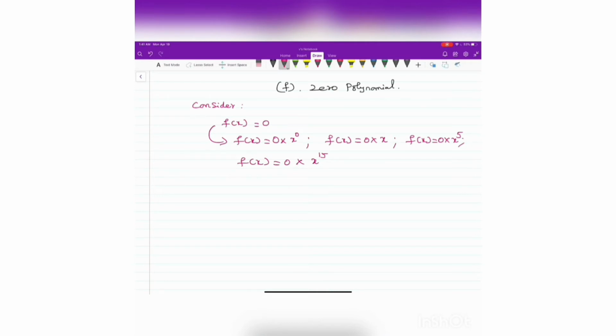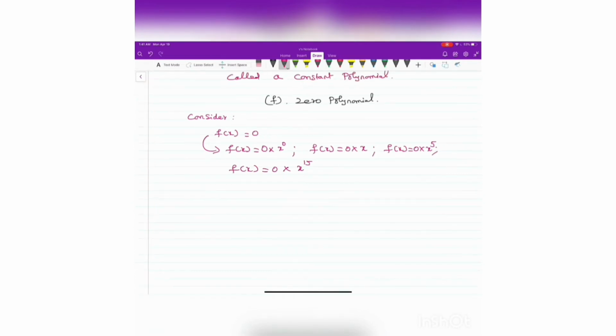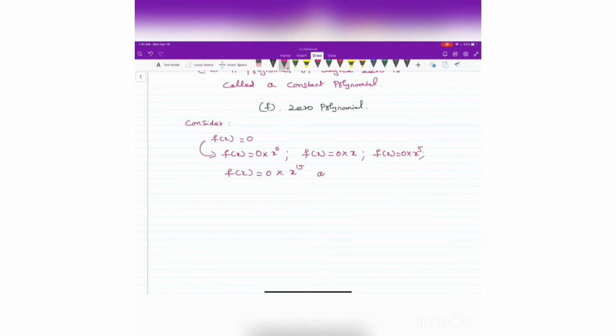So, the constant polynomial 0, or f of x equal to 0, is called a zero polynomial, because in this example all are equal to 0. I will write it in statement form.